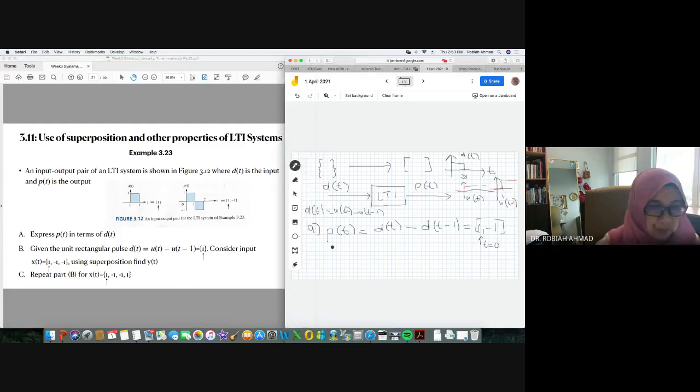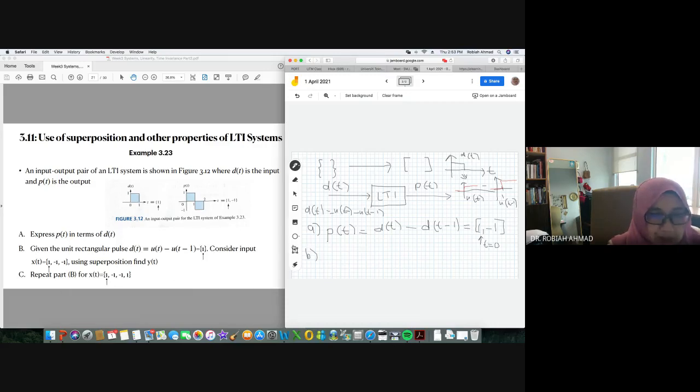Okay, understand this one? Okay, so now when we understand how to express, okay, now we have B, kita ada this system. Okay, this is an LTI system, and then we have another system B, part B ni.